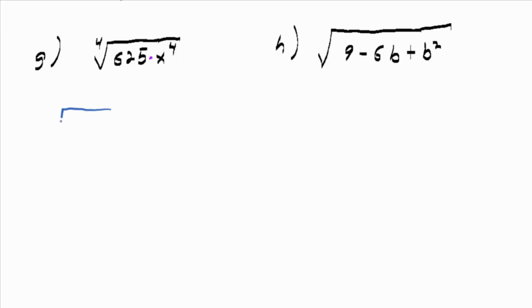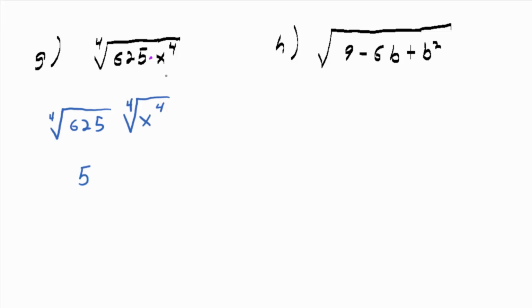So you could make it the fourth root of 625 times the fourth root of x to the fourth. Like that. What's the fourth root of 625? Just guess at it. You'll probably guess right. It's a nice number. It's 5.